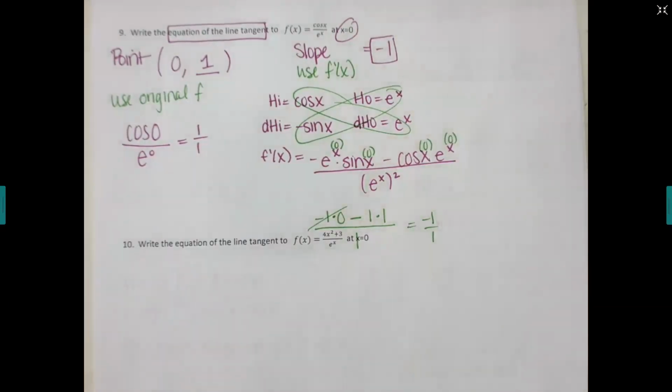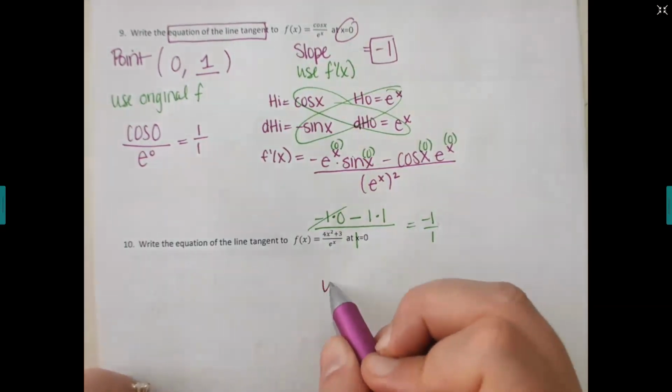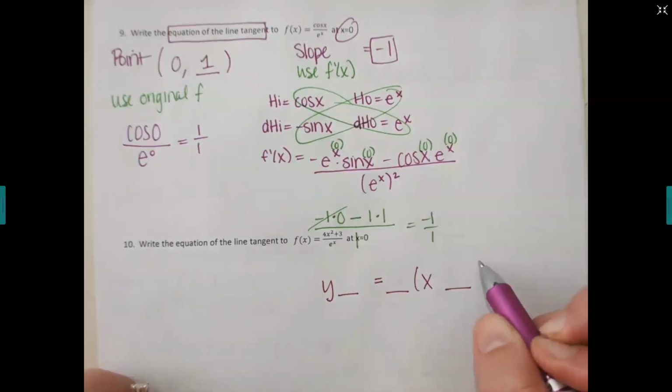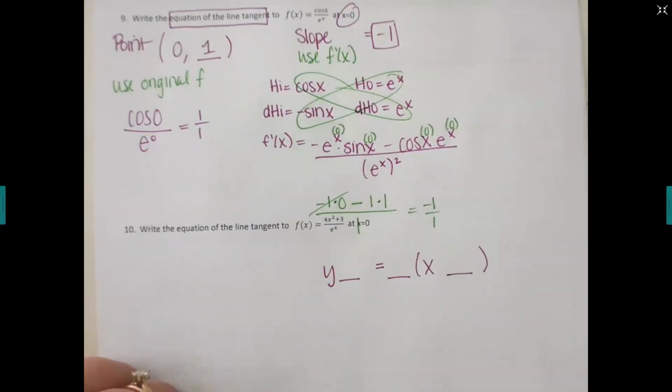Okay, from here to write the equation of your tangent line, you're going to start with point slope form, which is y blank equals blank x blank. Then remember, your slope fills in the middle blank, which in this case was negative 1.